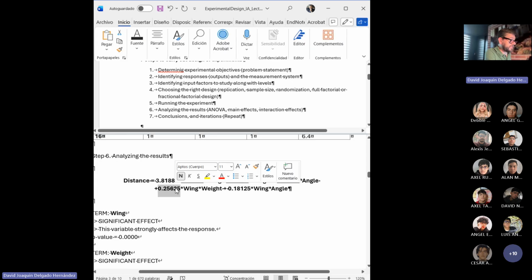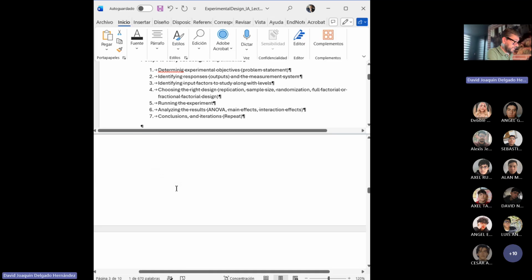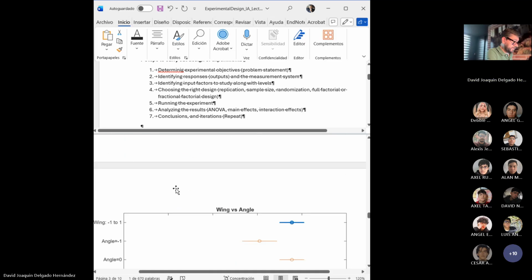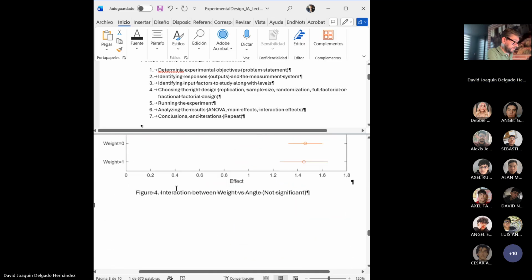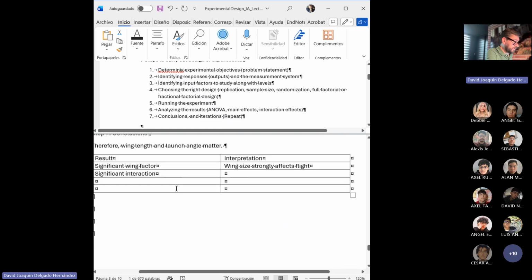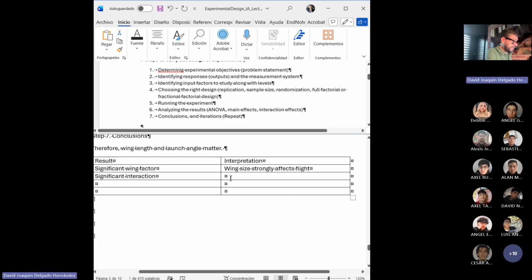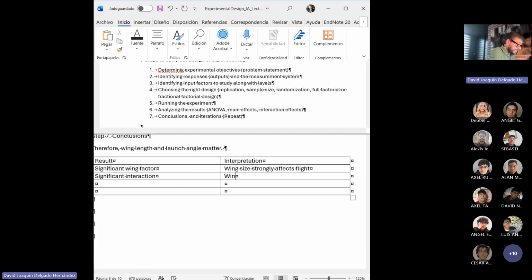You have two interactions. Okay. So let's go to the table. Significant interaction, it will be wing versus weight and wing versus angle. These two interactions are important.